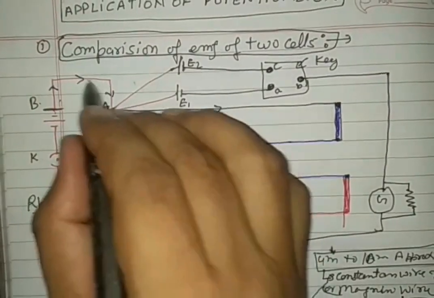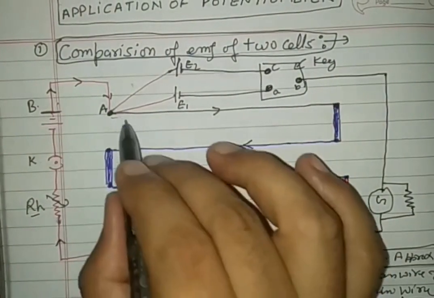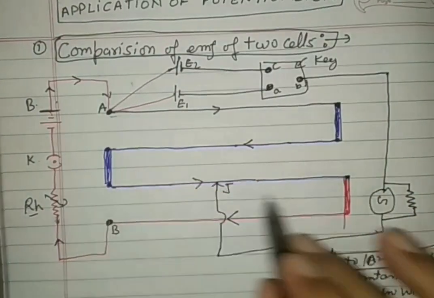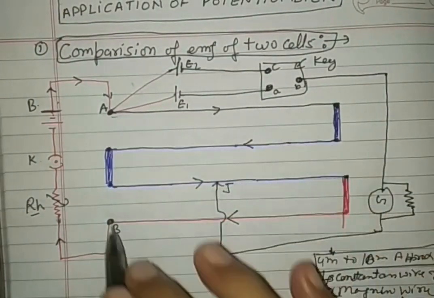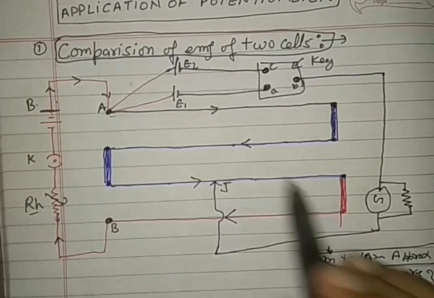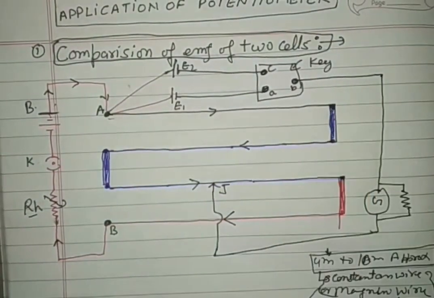Here this is the main circuit. In the main circuit, when the key is pressed, the distribution of potential is in the whole of the wire between A and B in the Constantan or manganese wire. Now by the copper wire it is connected with the two cells. Here the circuit is explained.